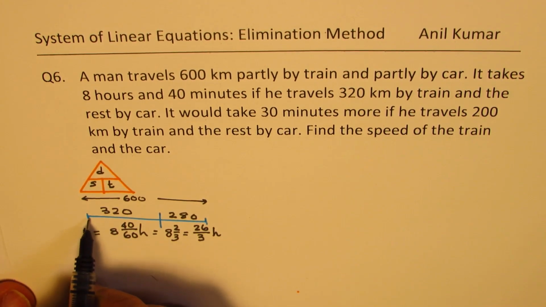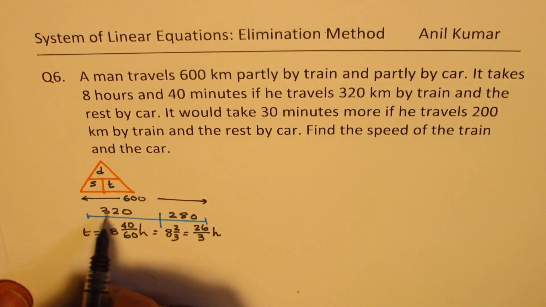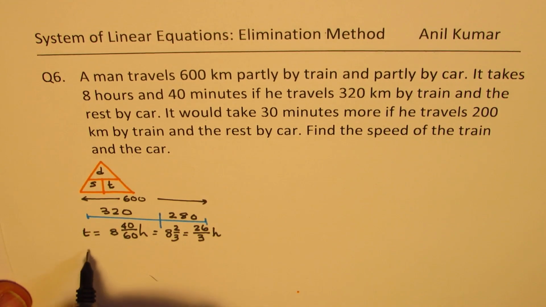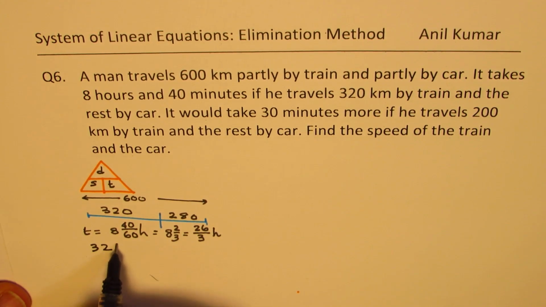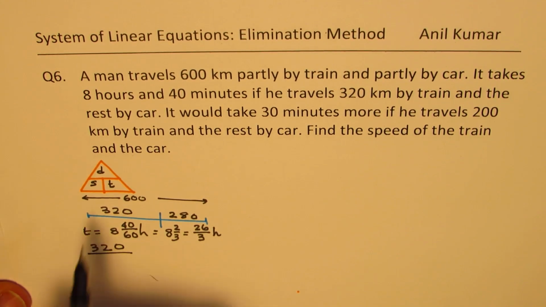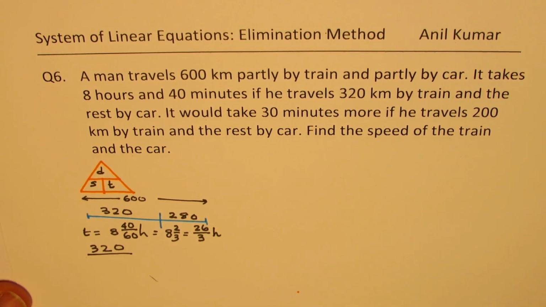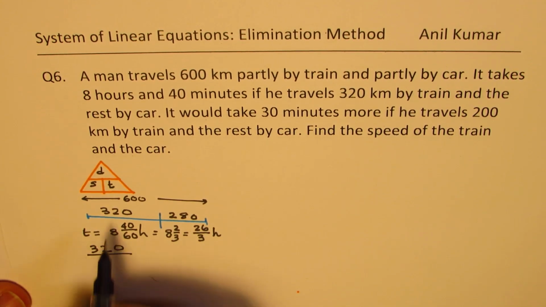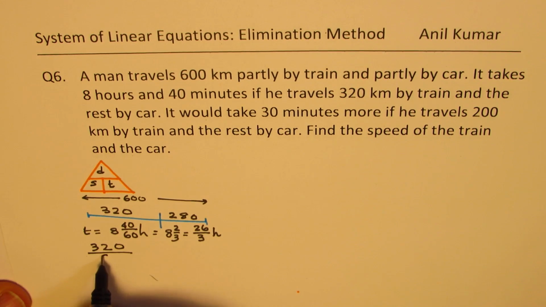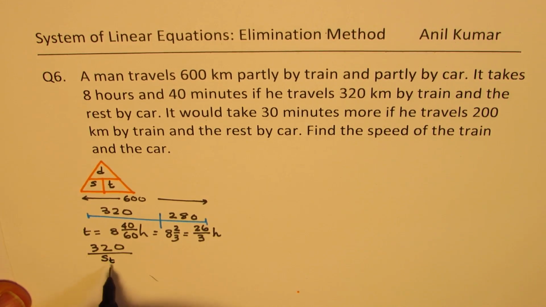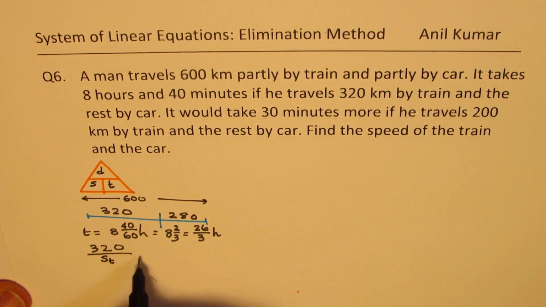The time for 320 kilometers should be, distance is 320, divided by the speed of train. So let me call the speed of train as S of t. Speed of train. Is that clear to you?